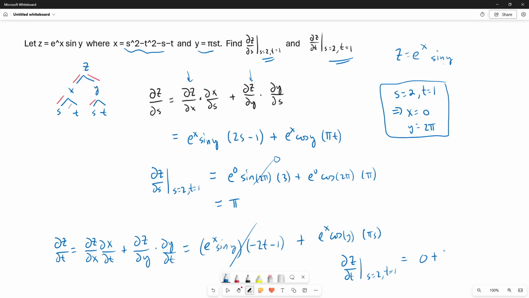So we have the e to the 0 cosine of 2 pi just like here. But now instead of times pi, it's times pi times s, which is pi times 2, it's 2 pi. So we get 1, 1, 2 pi. So this numerical value is 2 pi, and this one was pi.